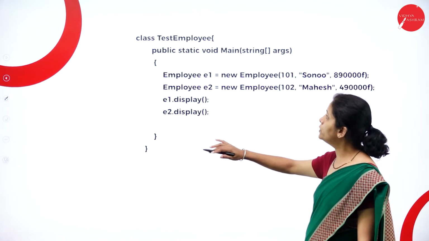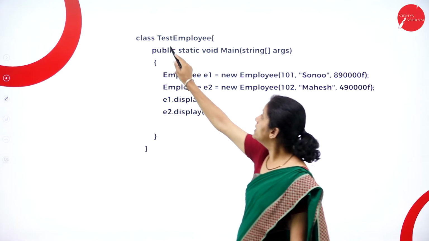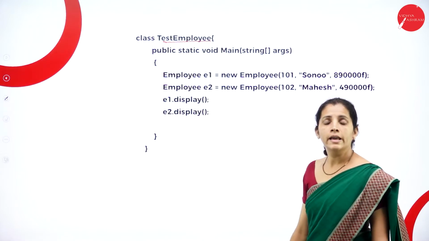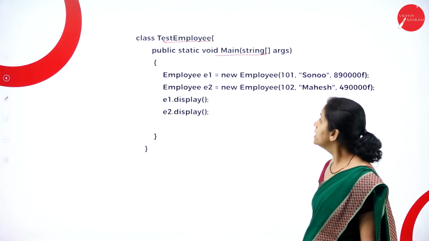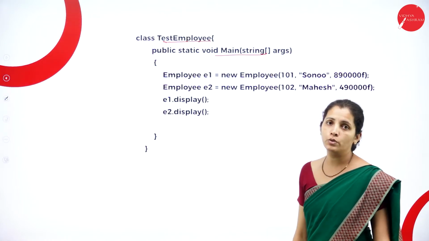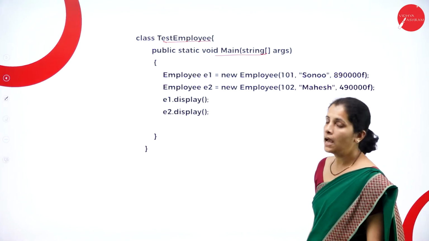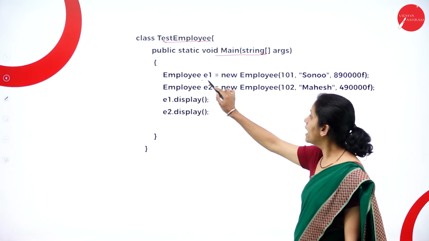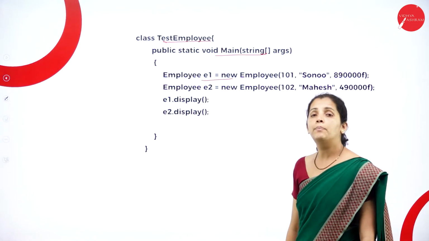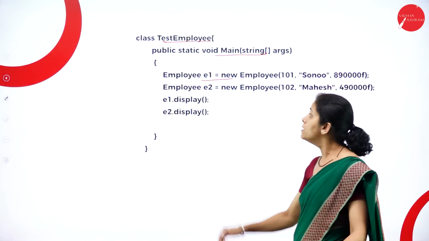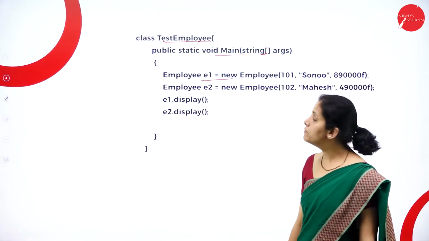Now I'm going to create another class called test employee. In that, I'm going to create main function. Inside main function, I'm going to create the object of type employee. And when I create an object of the type employee, the particular constructor belonging to this employee class gets invoked.